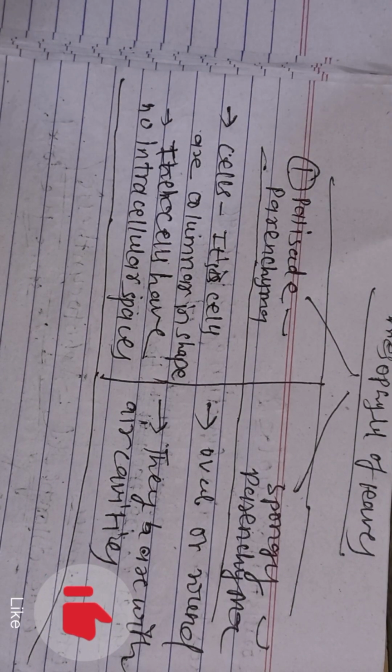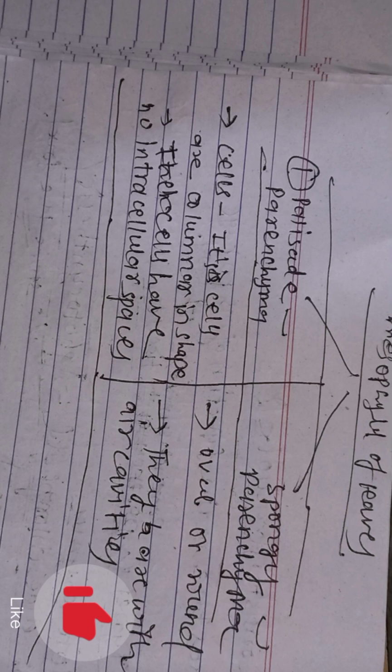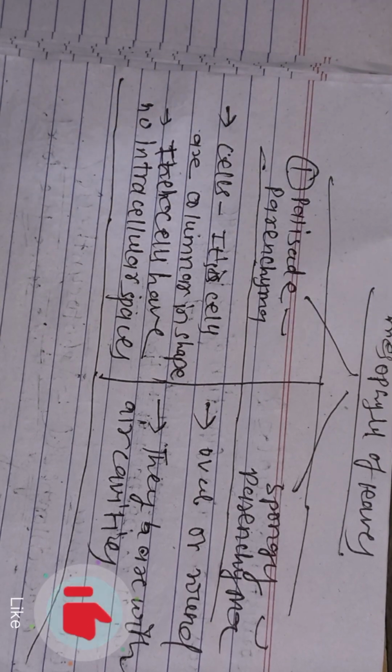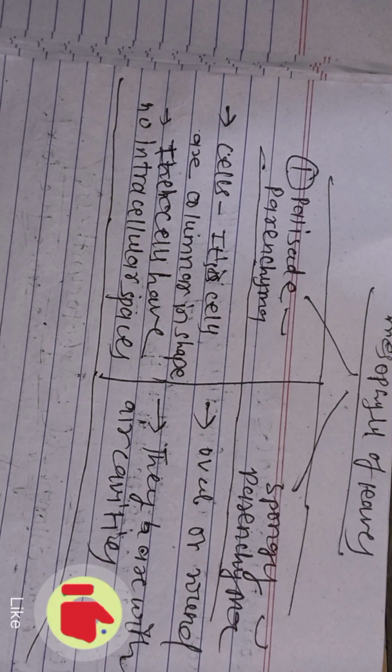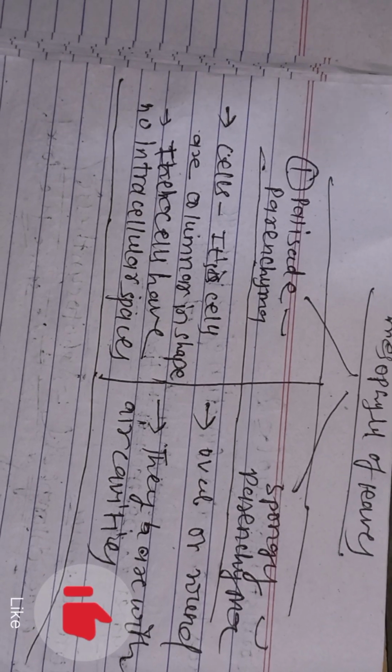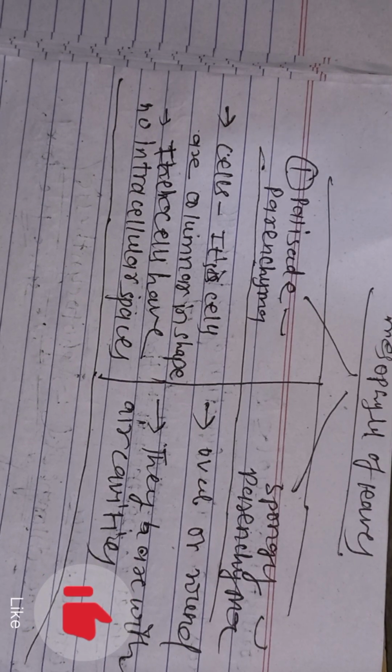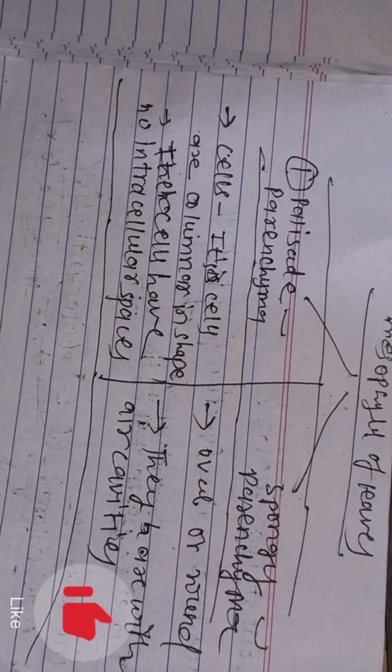The cells of palisade parenchyma are columnar in shape, but the cells of spongy parenchyma are oval or round. In palisade parenchyma, intracellular spaces are absent, whereas in spongy parenchyma air cavities are present in the intracellular spaces.